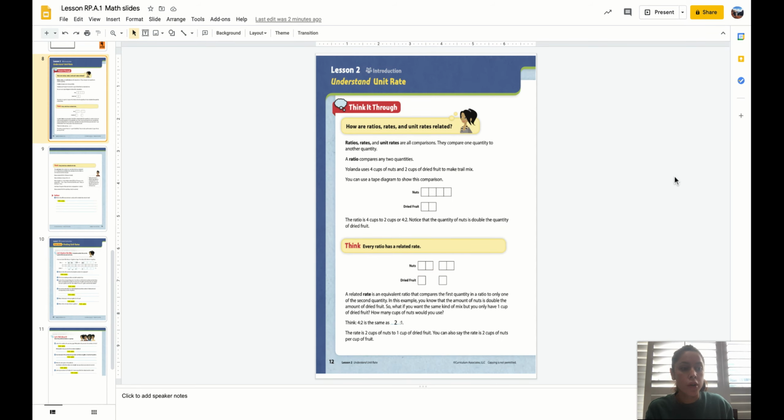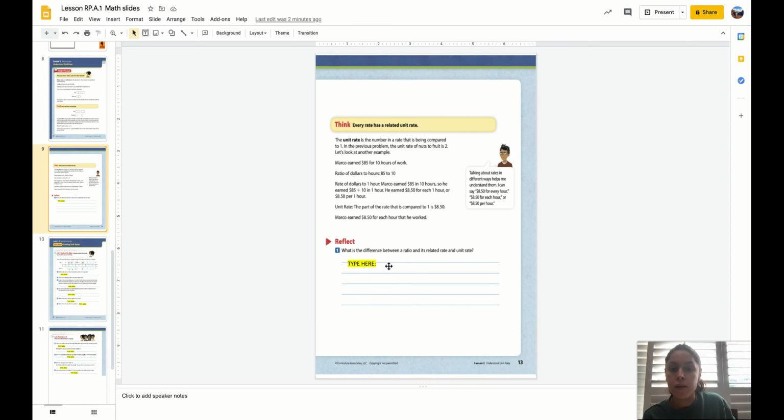Obviously you do not have your books with you due to distance learning, but you do have these slides. What you will be doing with your group is reviewing this first page. Then you will answer this question: what is the difference between a ratio and its related rate and unit rate?